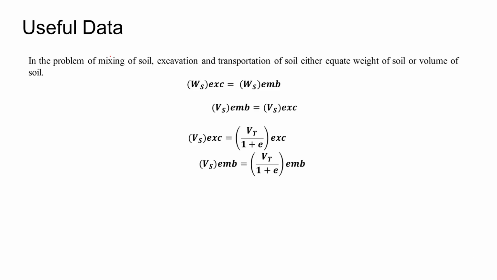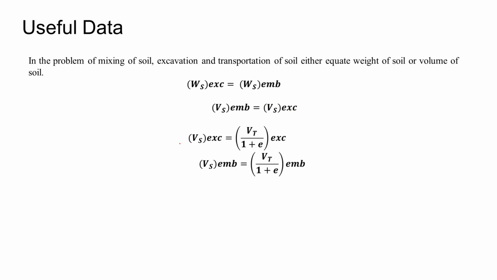Now coming to the useful data, in the problem of mixing of soil, excavation or transportation, we either equate the weight of the soil or the volume of the soil. Suppose you are excavating from a particular site, the weight of soil at the excavation site will be equal to the weight of soil at the embankment site where we are transporting the soil. Likewise, the volume of soil of the embankment site will be equal to the volume of soil of the excavation site.